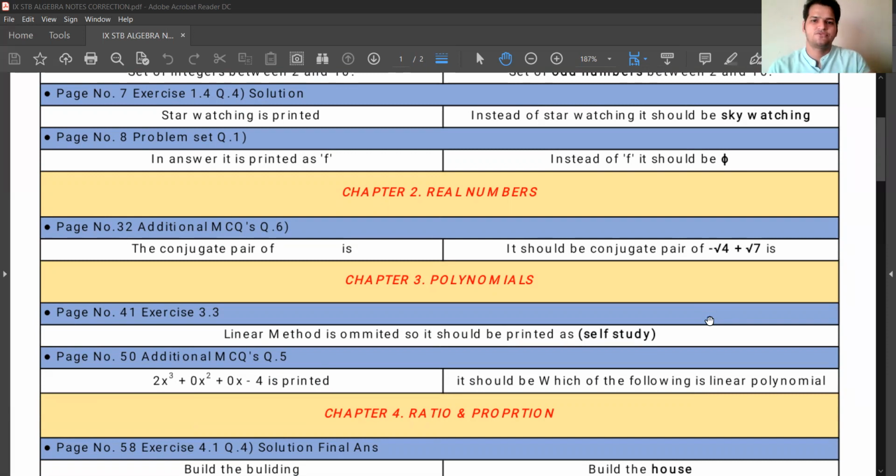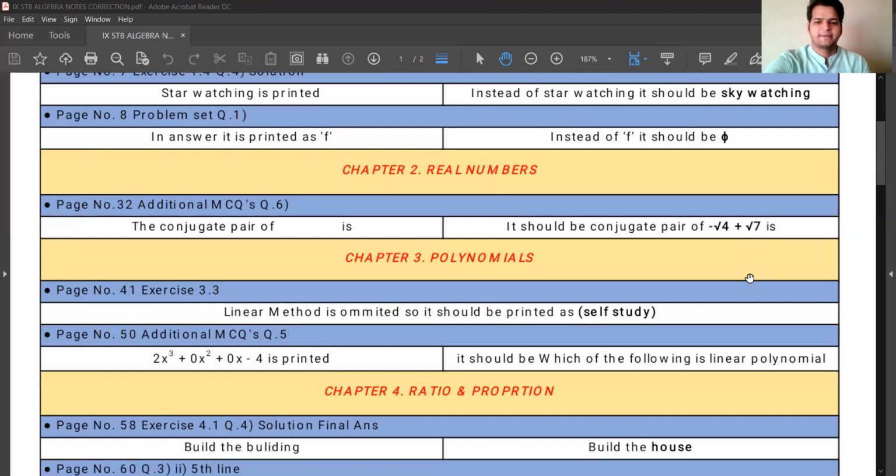So you have to write minus root 4 plus root 7 in that blank space. I'll repeat, the conjugate pair of blank space is, so in that blank space, you have to mention minus root 4 plus root 7. All right. So these are the corrections of chapter number 2.